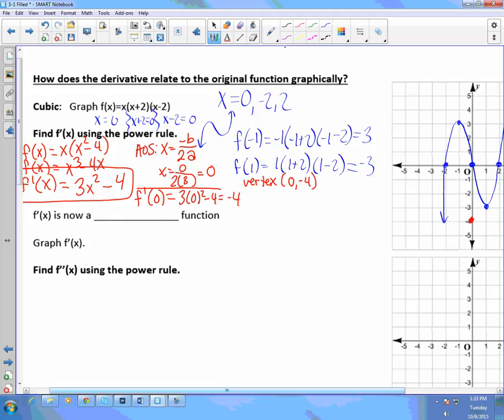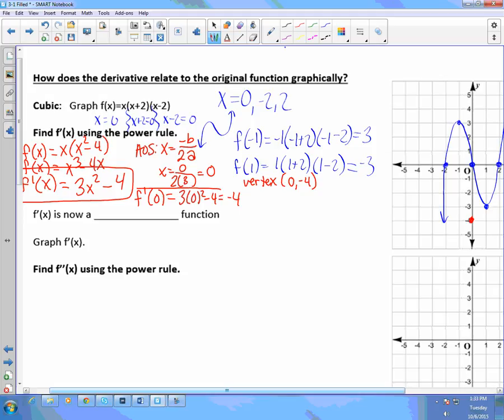Okay? What type of graph is F prime? What type of function would we call it? Quadratic. So we have the vertex. Do we know this quadratic is going to be concave up or concave down? 3x squared, that would be which? Up. So we know it's going to have to cross the x-axis.